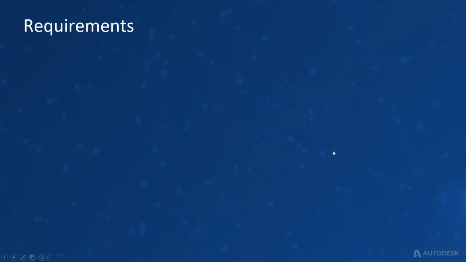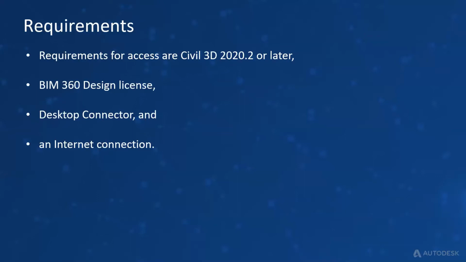Let's proceed to the requirements. When it comes to Civil 3D collaboration with BIM 360, here are the following requirements. First, you must have access to Civil 3D 2020.2 or later.